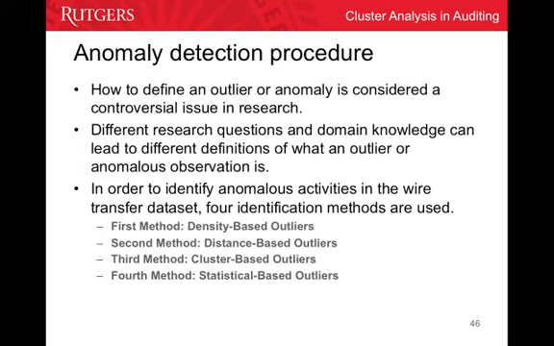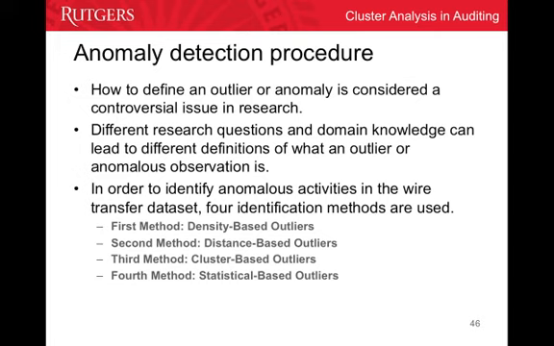In order to identify anomalous activities in the wire transfer dataset, four identification methods are used. The first method of detection is based on the assumption that normal data instances belong to a cluster in the data, while anomalies do not belong to any cluster.